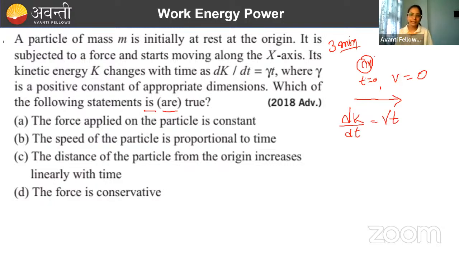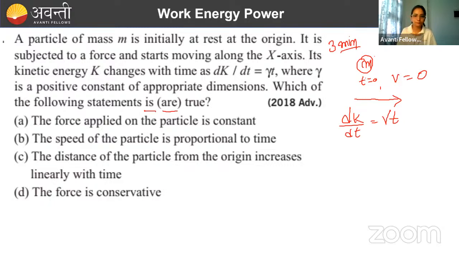So the rate of change of kinetic energy is directly proportional to time here. Now from this we have to check whether the speed is proportional to time, what the force looks like, what the distance of the particle from the origin is with changing time, and whether the force acting is conservative or not.